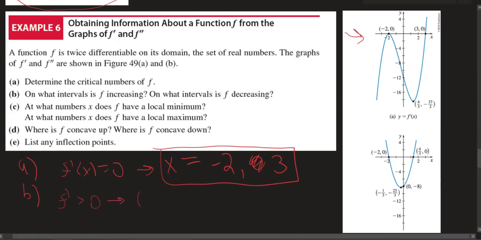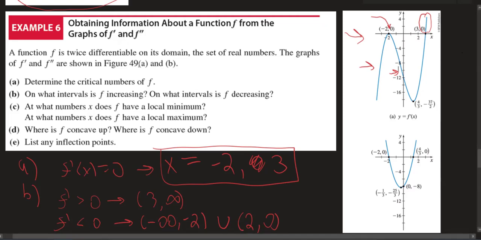That would be on the interval 3 to infinity, because this portion of the graph is positive. f prime is less than 0 on the intervals -infinity to -2 and -2 to 3, because right here the first derivative equals 0, but it's negative before and negative between -2 and 3.